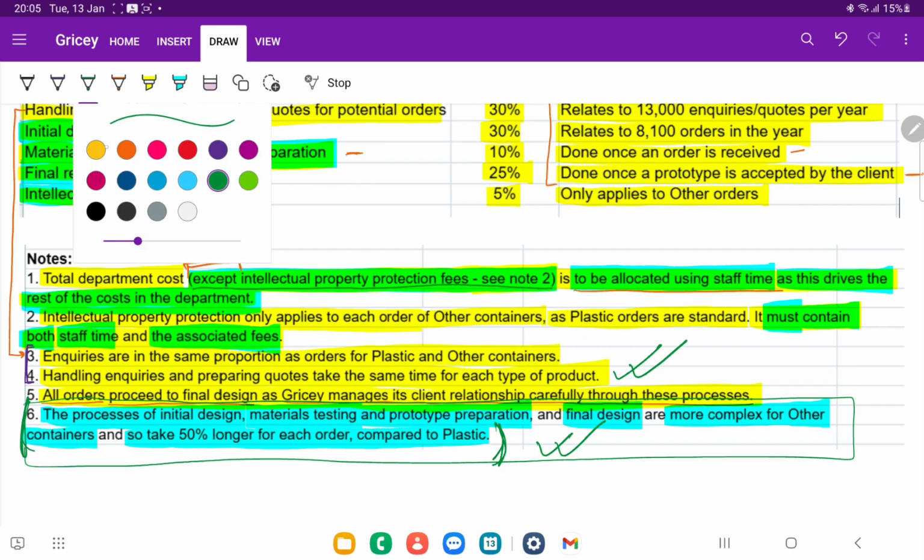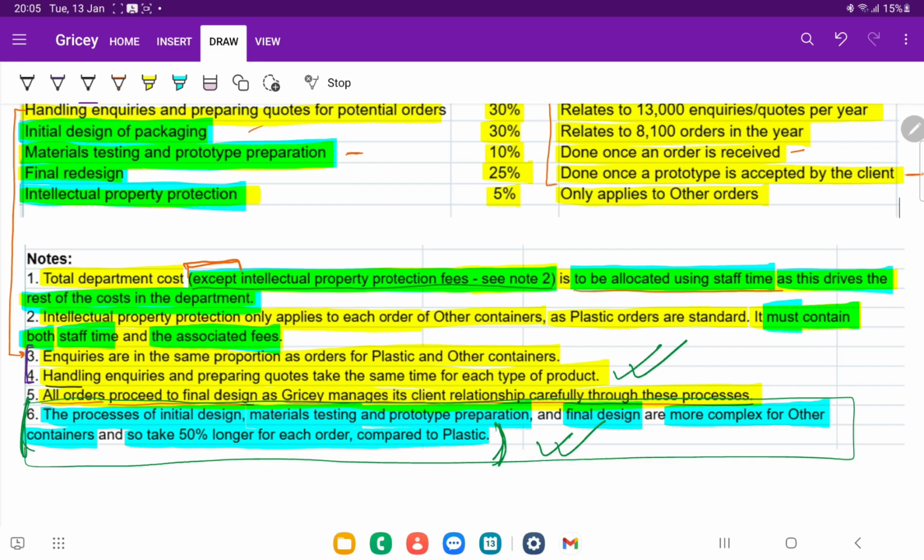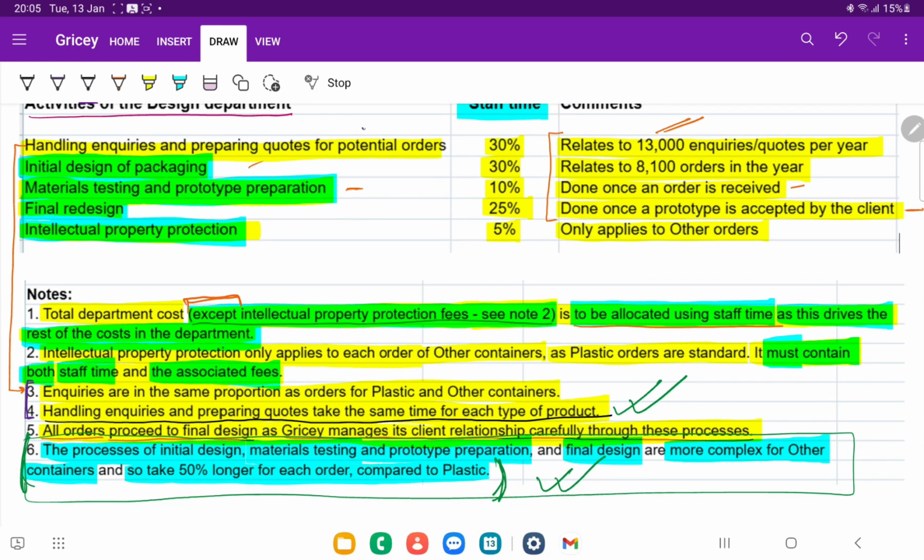Handling inquiries and preparing quotes take the same time for each type of product, so you don't have to worry about this one. But the processes of initial design, material testing, prototype preparation and final redesign are more complex for other containers, so it will take 50% more time to complete compared with plastic.